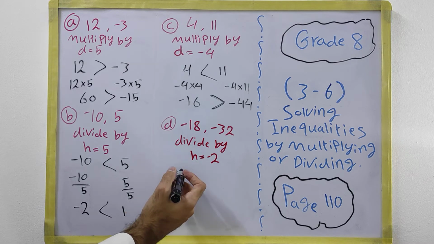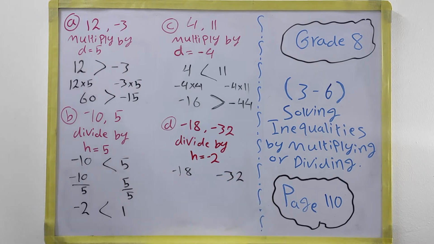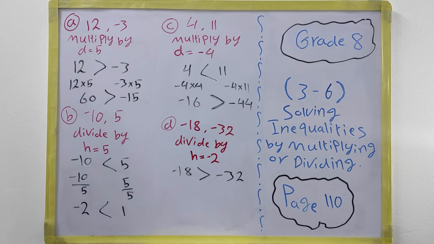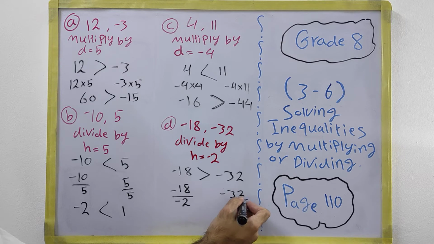What about the other one? We have negative 18, negative 32. Which one is greater? Negative 18 is greater. What if we divide both of them by negative 2?